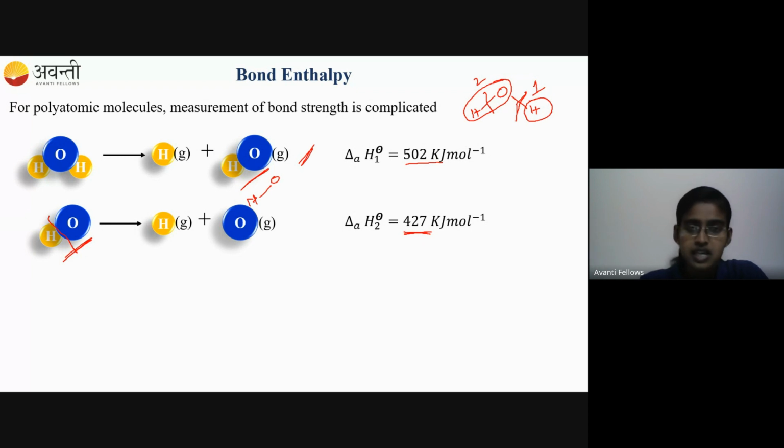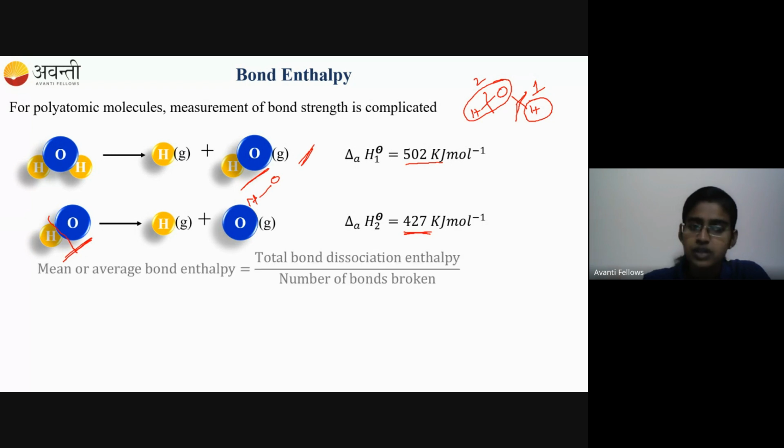In this case, we have to find the mean bond energy value, or we can call it the average bond energy value. How to find the average bond enthalpy? It is equal to the total bond dissociation enthalpy divided by the number of bonds broken.